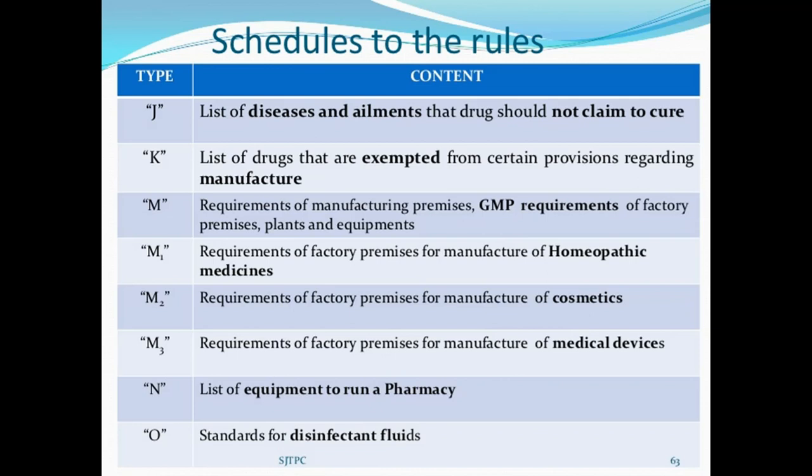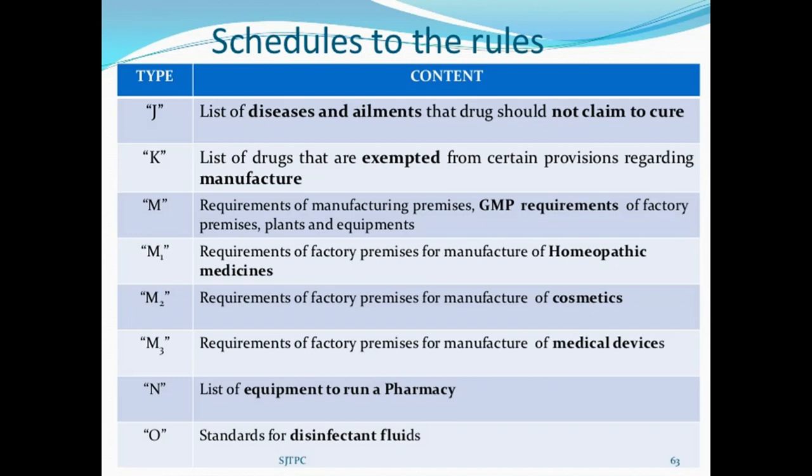Then another important one is Schedule M. So what is Schedule M? After passing your B Pharm, you will definitely join an industry or pharmaceutical company. For that, Schedule M gives all the requirements for manufacturing, GMP, good manufacturing practice.